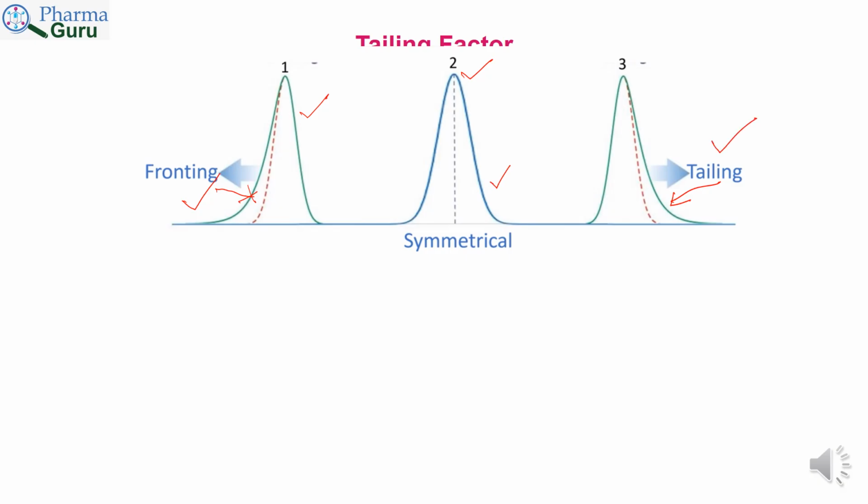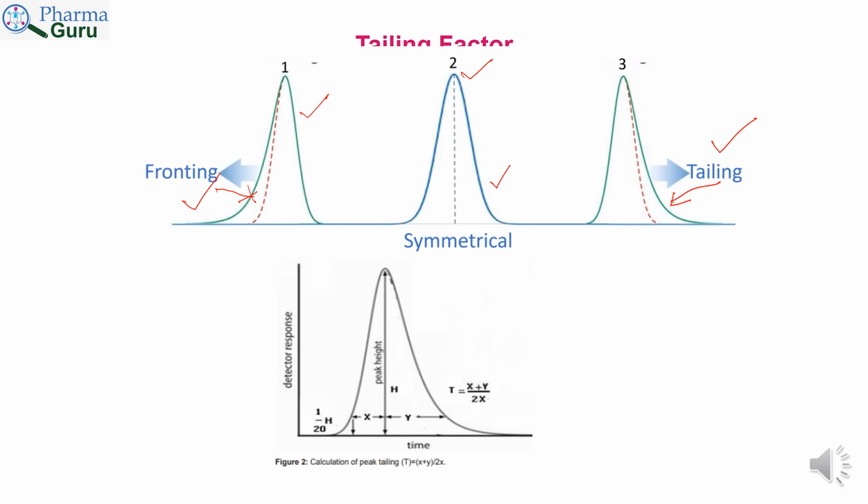Now the question comes, how is it calculated? I am going to discuss. Tailing is calculated by this formula. T is equal to x plus y divided by 2x, where x is the distance between the front part of the peak and the peak maxima, and y is the distance between the peak maxima and the peak tail.